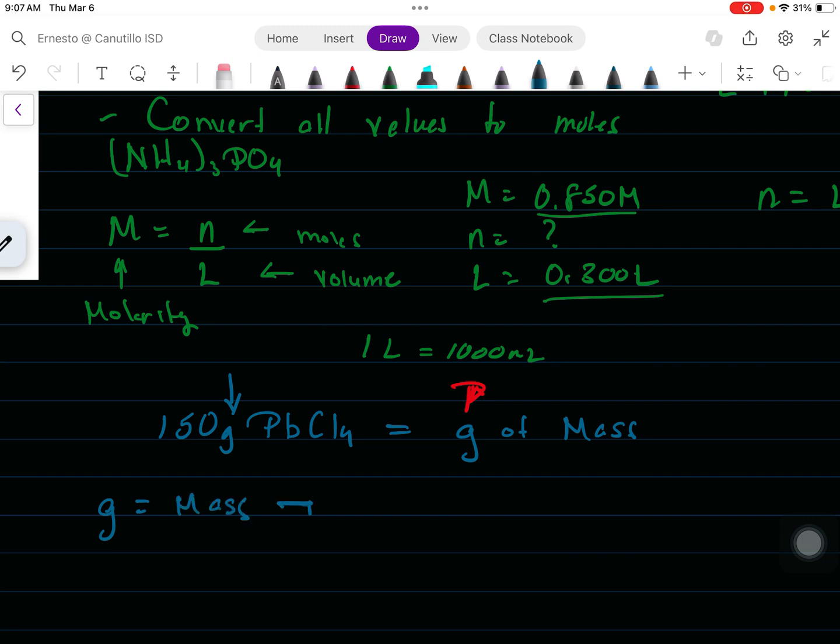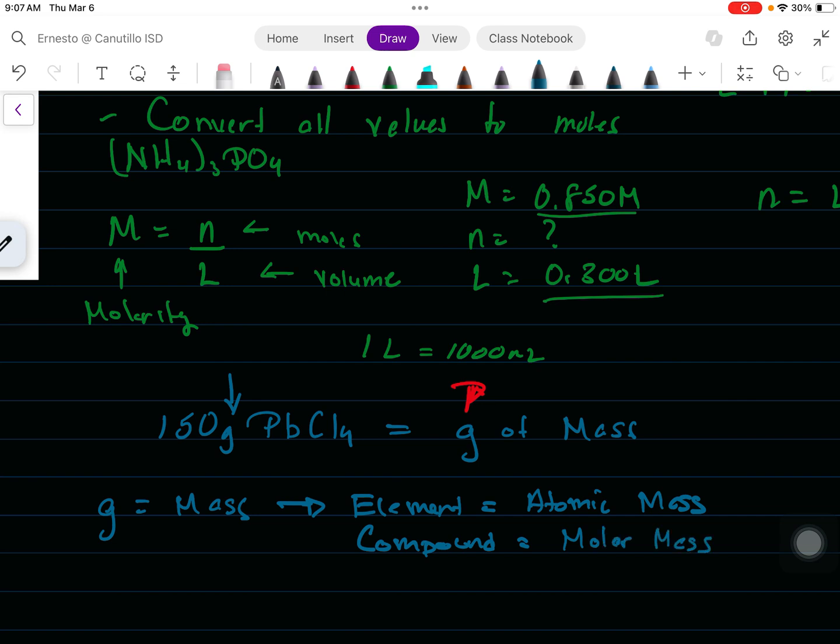Now, if you're working with an element, then that equals the atomic mass directly from the periodic table. If, however, you're working with a compound, then in this case, you have to use molar mass.